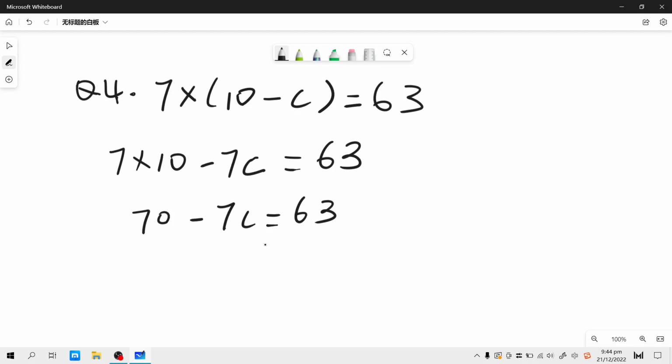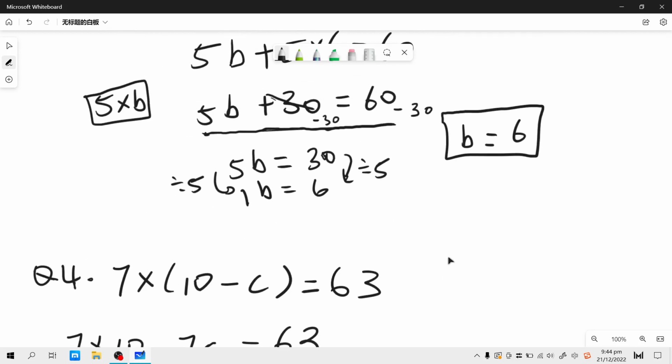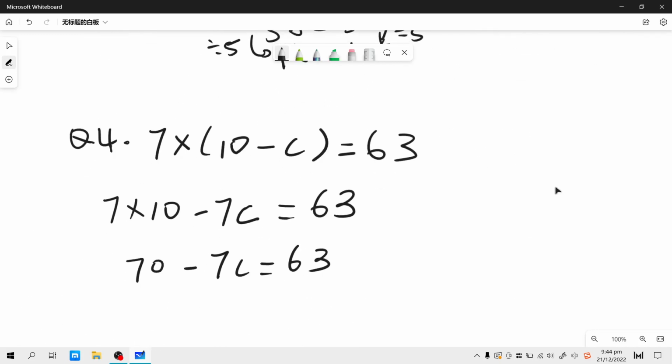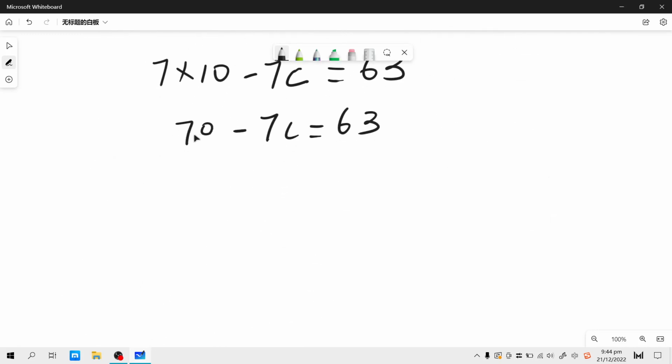You might find something similar going on, but something is not quite similar to the one above. Here, we can cancel out because it's plus and plus. But here, it's a positive 70 minus 7c. You can read this as negative 7c.